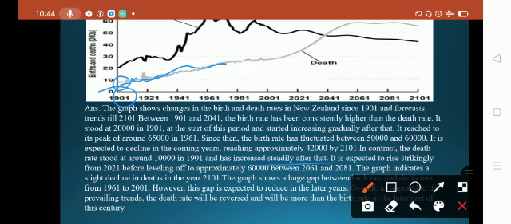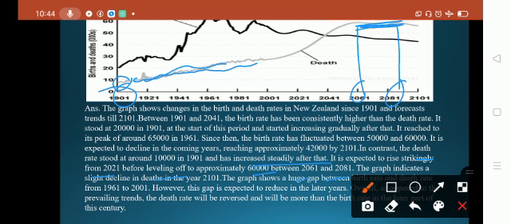It is expected to rise strikingly from 2021 before leveling off at approximately 60,000 between 2061 and 2081. See, 2061, this one, and 2081, this one. It is going to level off, means it's going to be constant.